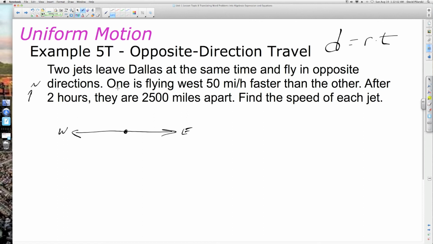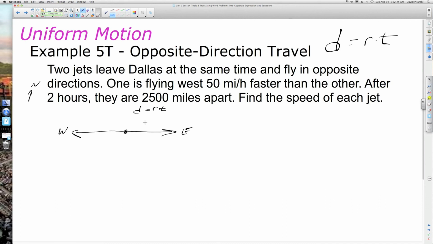This sentence here lays out the variable for us. One is flying west 50 miles per hour faster than the other. So let's start working with the distance is equal to rate times time for the plane traveling east. We're going to be working with their distances in a minute, but their distance is going to be expressed with a variable expression.